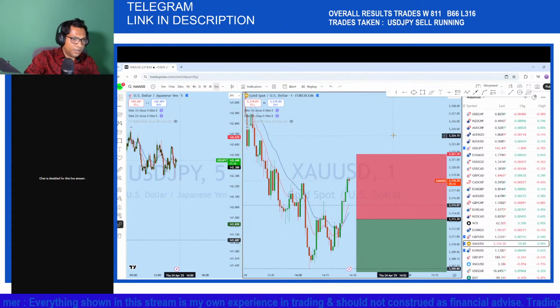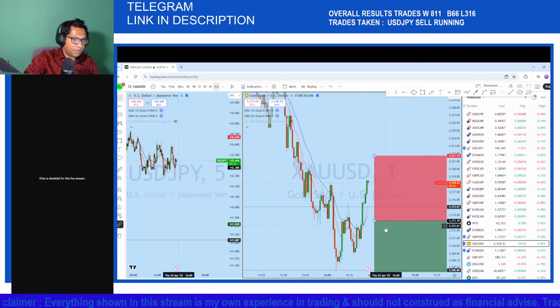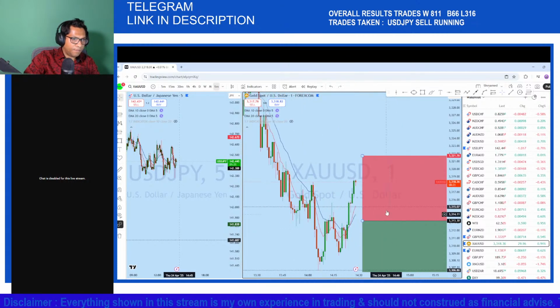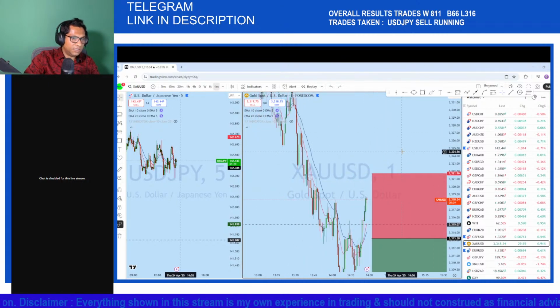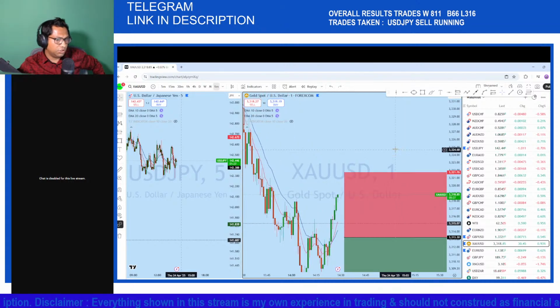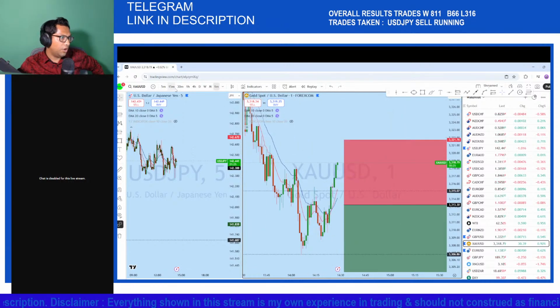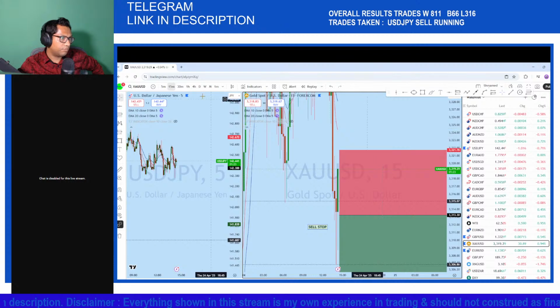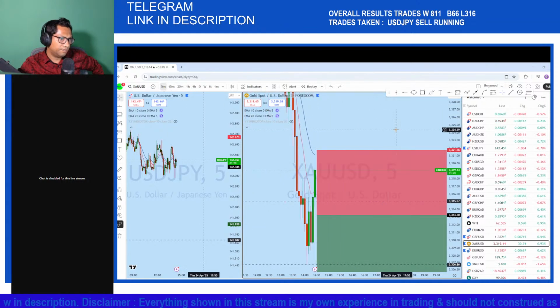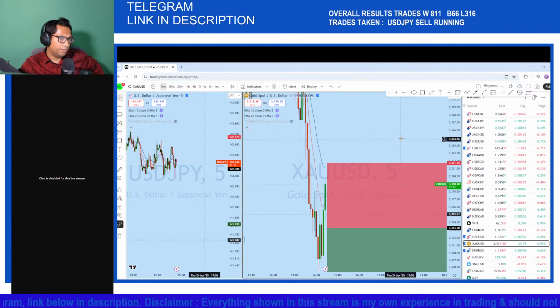So there is a rejection. Now this is a trend continuation, or where it is heading to. 5-minute chart. Because it's failed to create a new lower low.